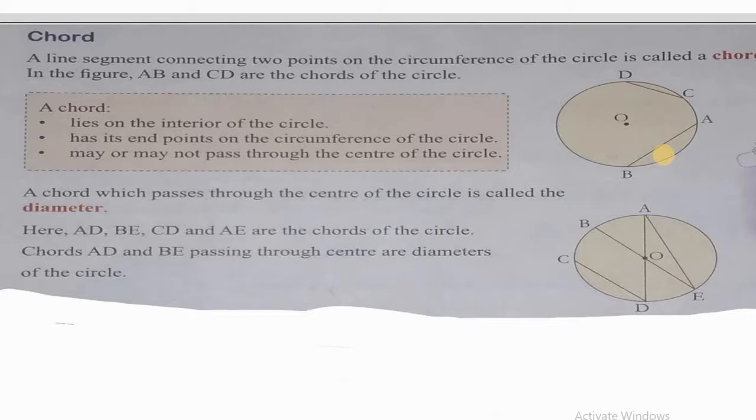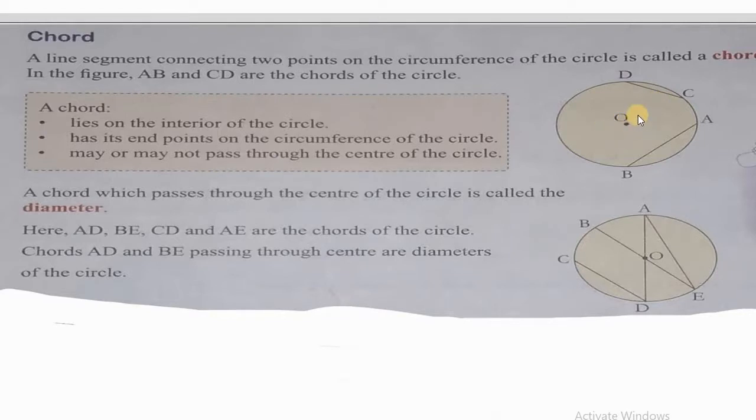If it does not touch the center of the circle but the endpoints touch the circumference, it is going to be a chord. Here DC, the line segment, has both ends touching the circumference, but it's not touching the center, so it's called a chord.